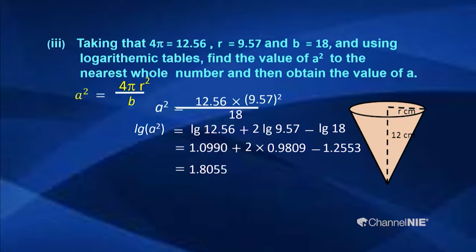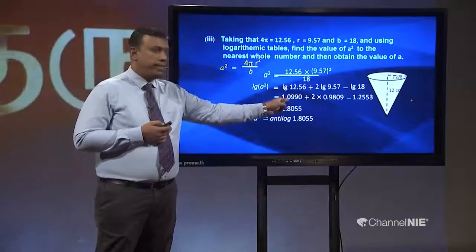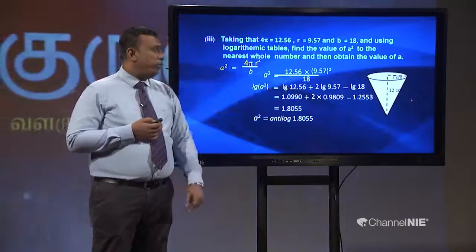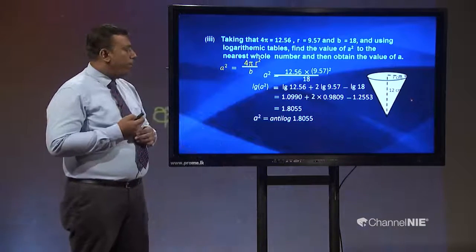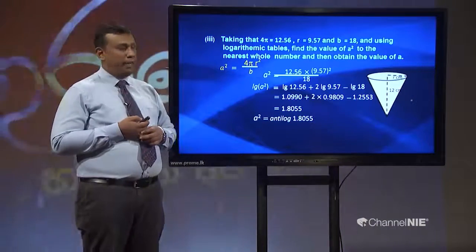Right. Now next step. You can follow any method to simplify that part, but follow my method. It is 1.8055. A to the power 2 equals, next step, anti-log of 1.8055. How do we get that 1.8055? You have to add these two first, then subtract 1.2553 from that value, and you obtain 1.8055.